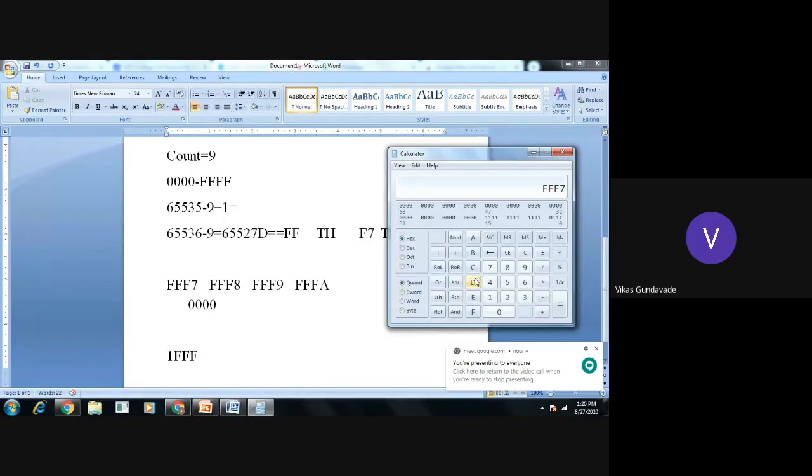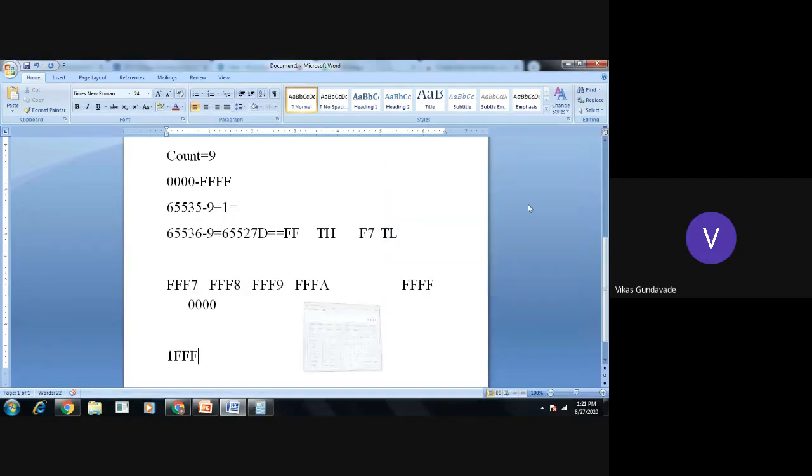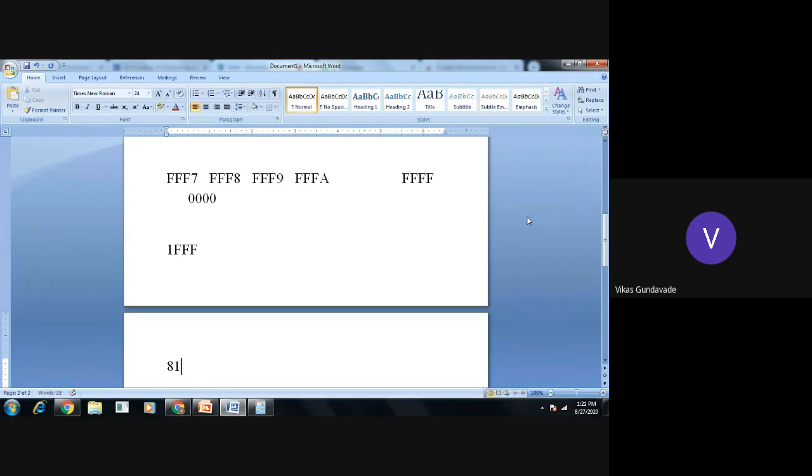When 1FFF is converted into decimal, the count is 8191. So the value will be 8191 minus 9. Whatever count comes, that count will again be converted into hex and loaded into the TH and TL registers if it is 13-bit timer mode.